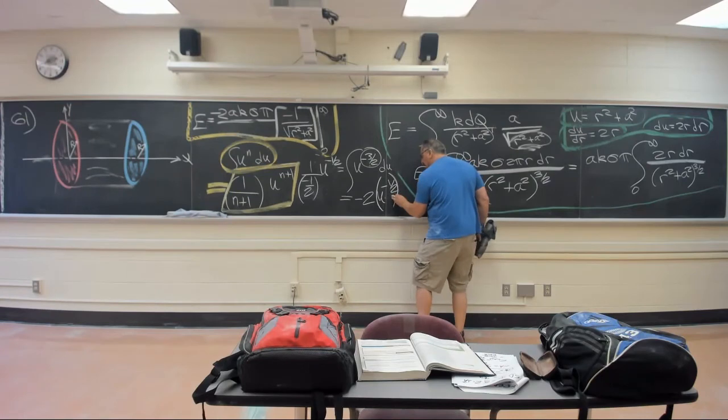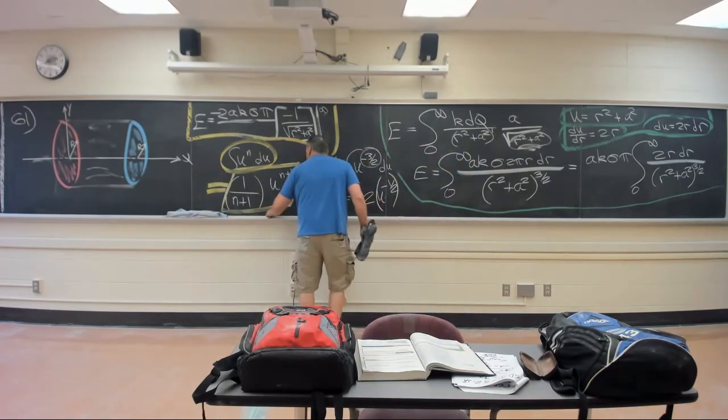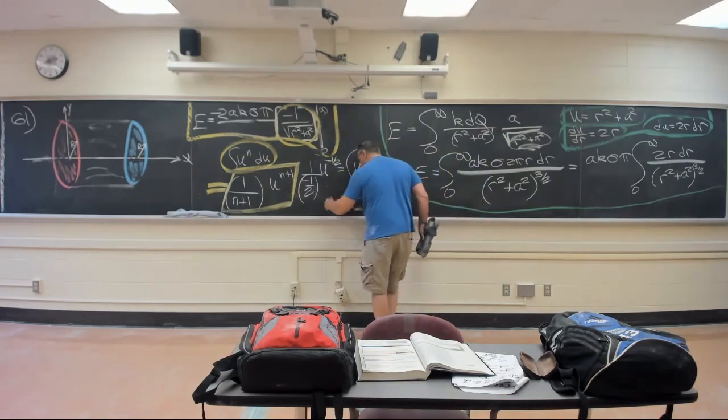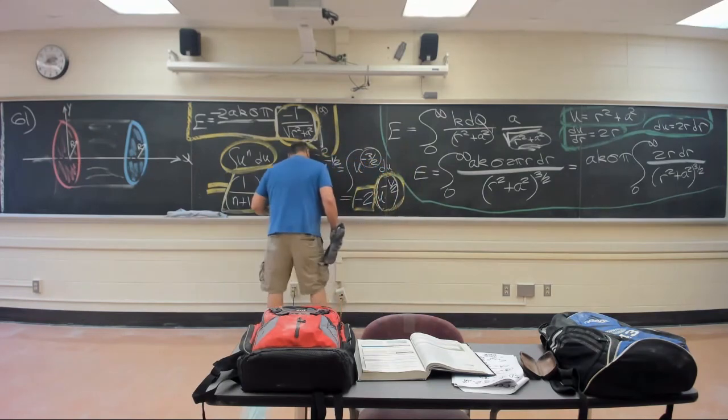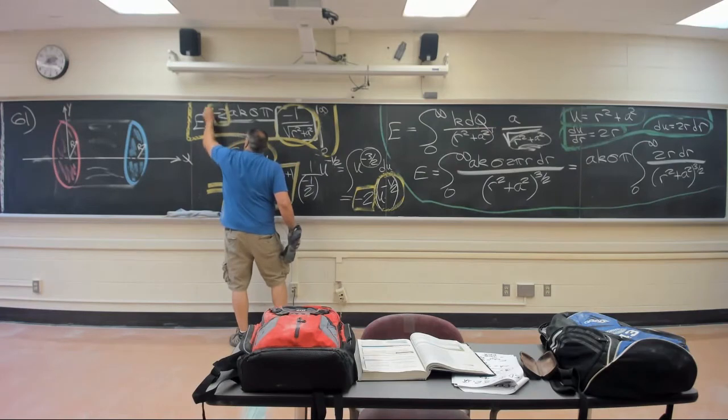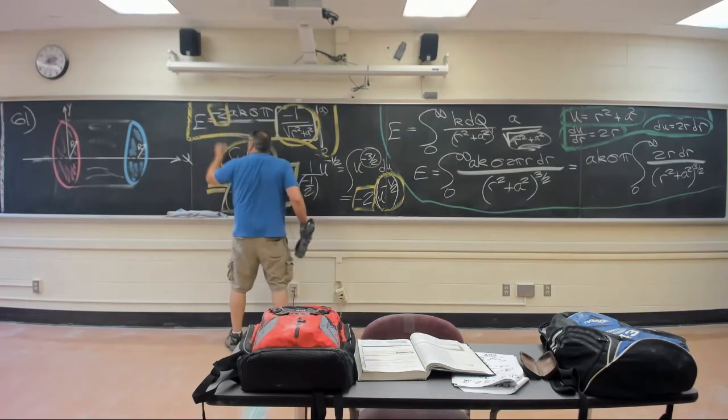This u to the negative 1/2 is this. That's the u to the negative 1/2. The negative 2 is what I failed to see the first time, and there's your negative 2, and that should have been there. That one's on me.